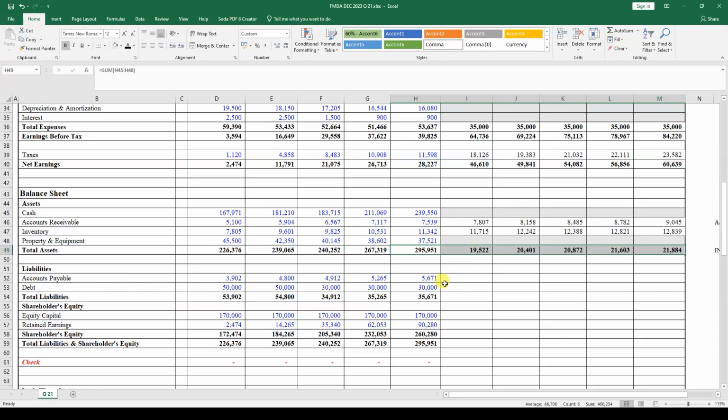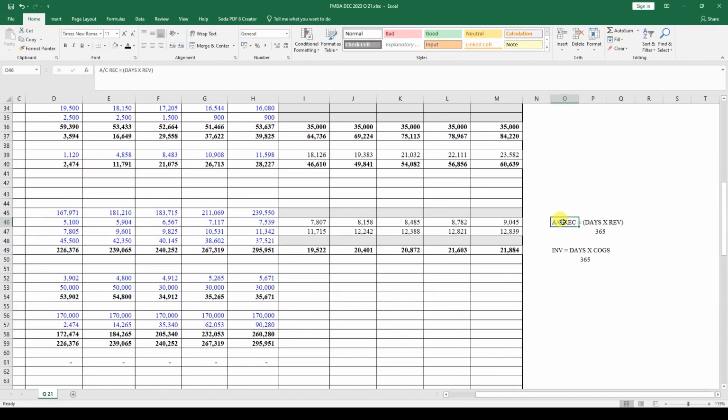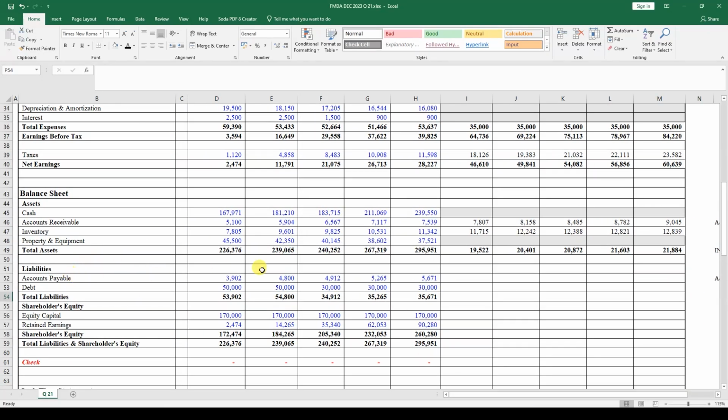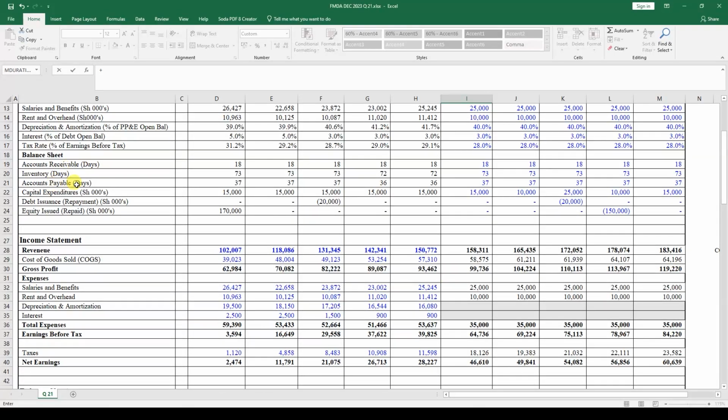So the accounts payable is driven by cost of goods sold. The same formula over here, only that we're going to put now accounts payable. So we look for the accounts payable days. You can see the accounts payable days are here, 37.